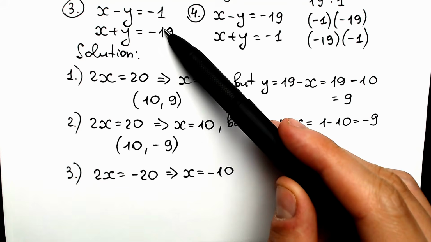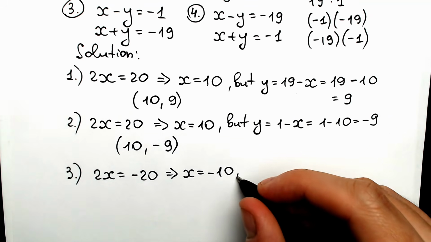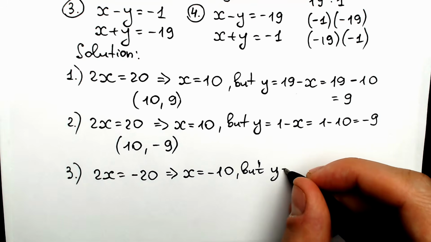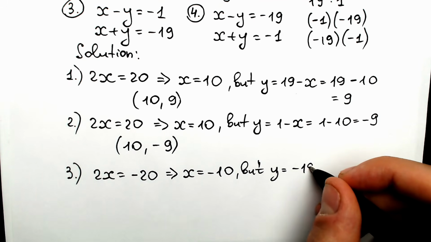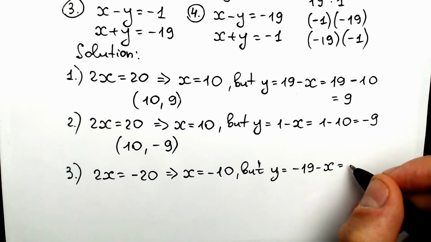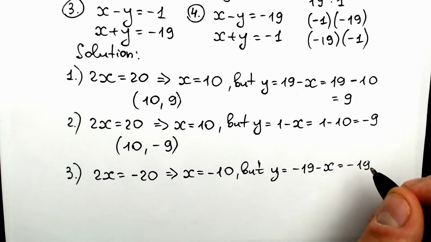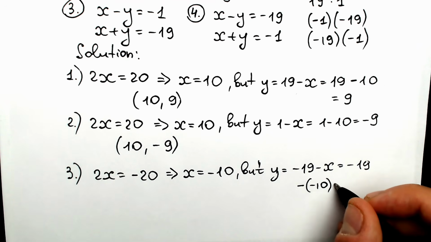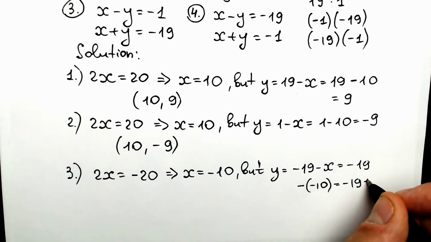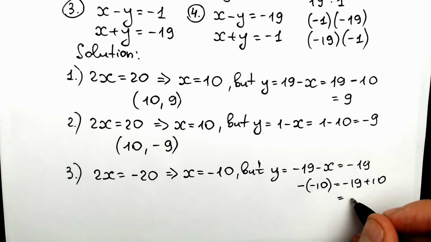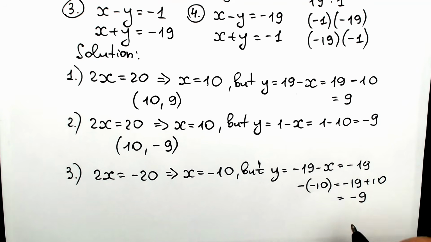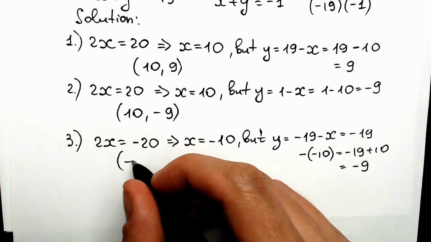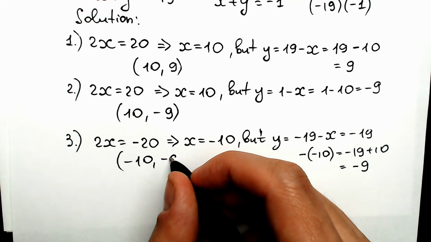Y equal to minus 19 minus x, so y equal to minus 19 minus (minus 10), which is minus 19 plus 10. So our y equal to minus 9. So we have our third pair, minus 10 and minus 9.